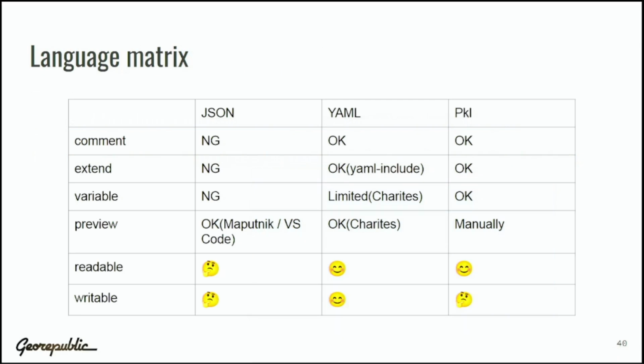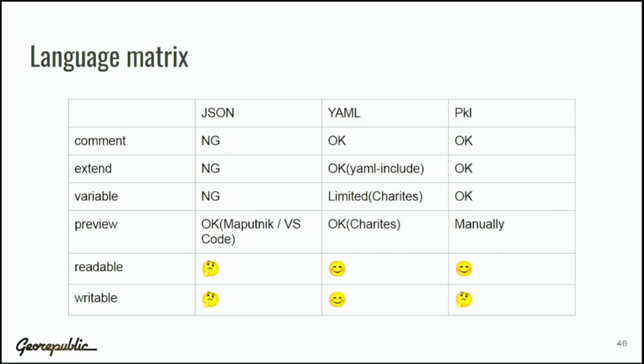Okay, the language matrix. JSON can't have comments, but YAML and PKL are okay. For extend, YAML has limited options, but PKL has great options. For variables, YAML is limited, but PKL supports them directly. For the preview function, Pickle needs to be run manually.